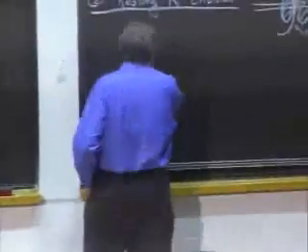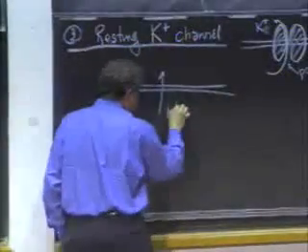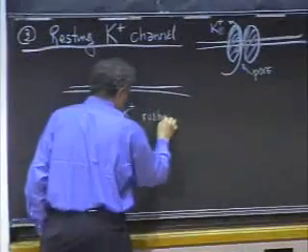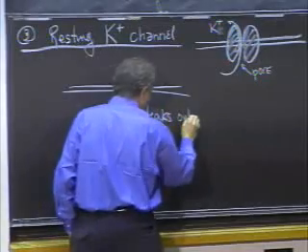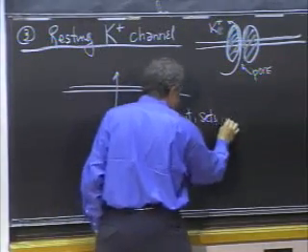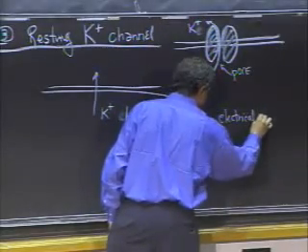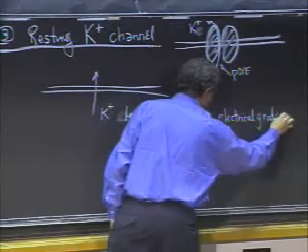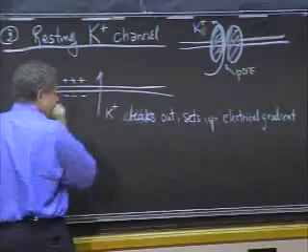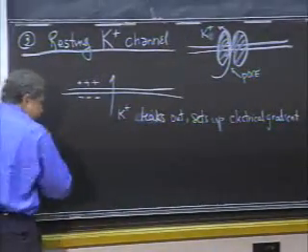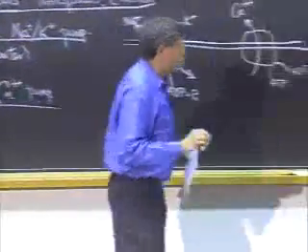So what happens is potassium leaks out, which sets up an electrical gradient, and the cell becomes more positive on the outside, more negative on the inside, and an equilibrium potential is reached.